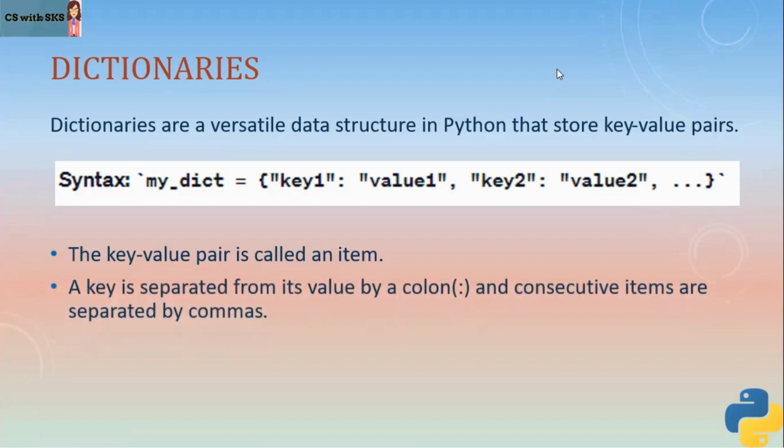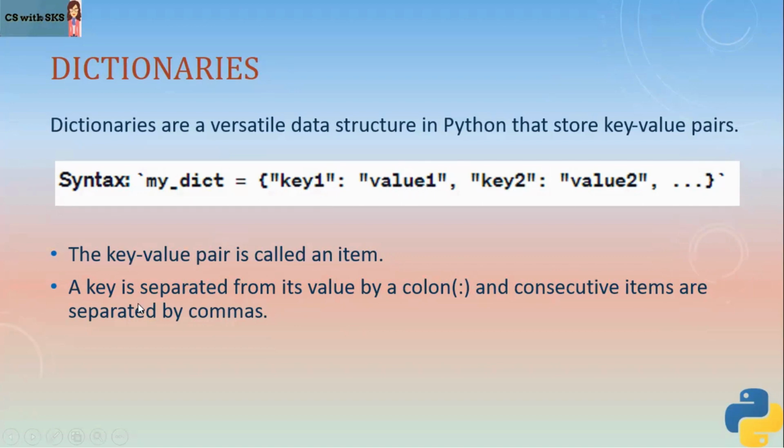A key is separated from its value using a colon. Very important to understand. So key value is separated using a colon and different data items, we separate them using a comma, right? So if this is first data item, then comma, second data item, comma, third data item, and each individual data item has its own key, then colon, and then its value, right?